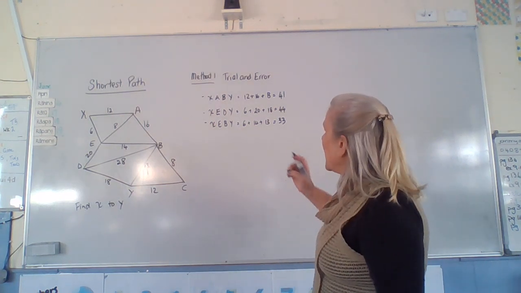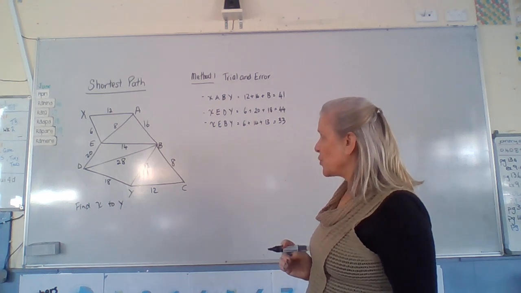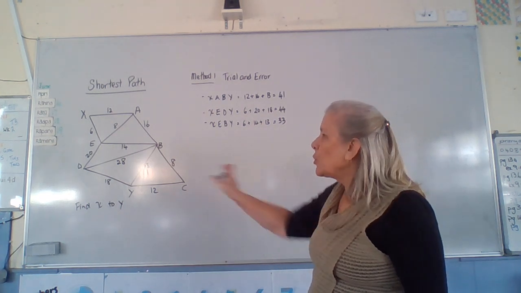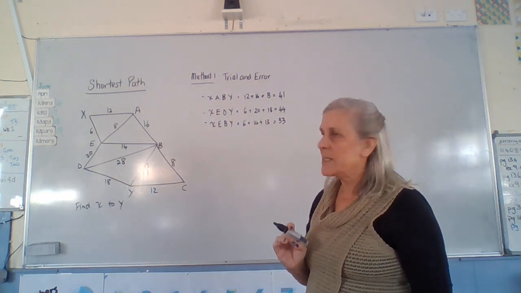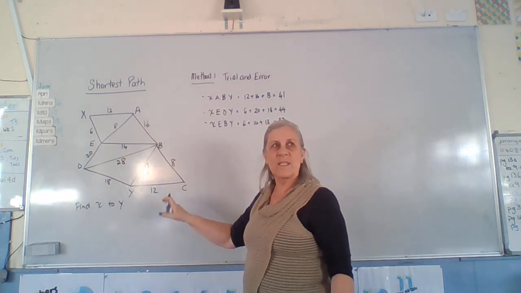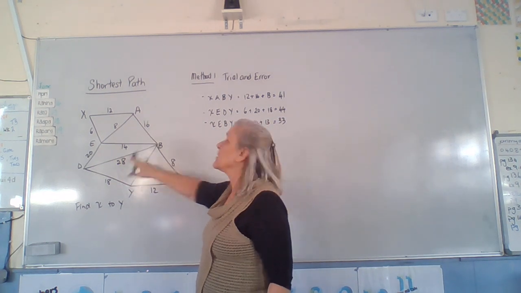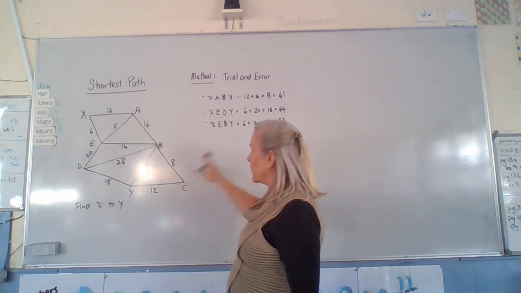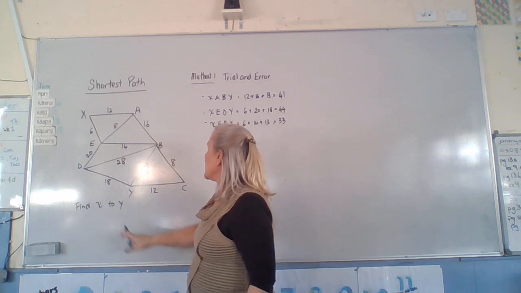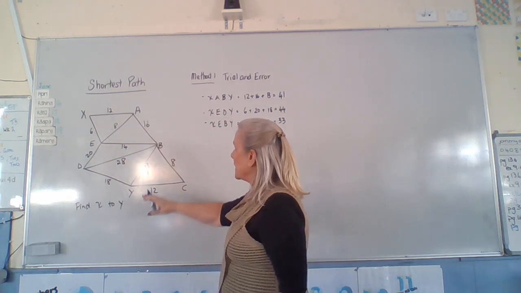And we would need to be absolutely sure that when we finish, we have decided that is our shortest one. So we've looked for the smallest numbers. I'm not going to go this way, 28, because it's going to be really hard to get to 33 with 28, so I'm not going to put him in. That 20 is also pretty big, so I'm not going to go that way. Might look at doing this way.